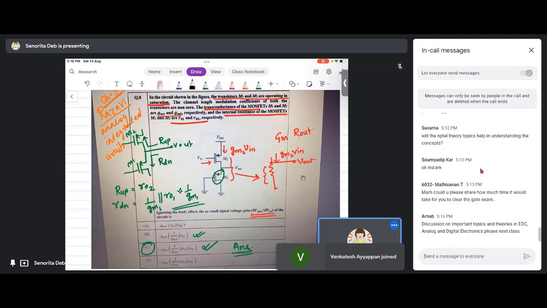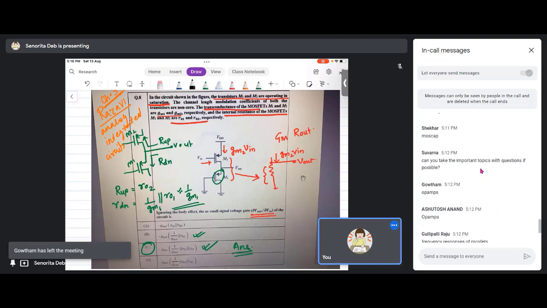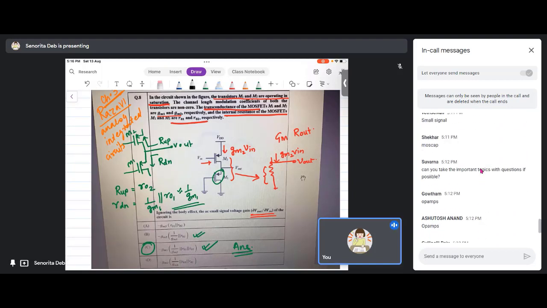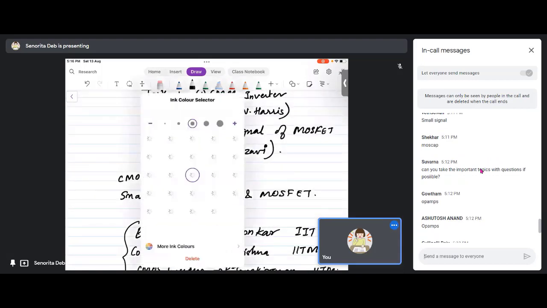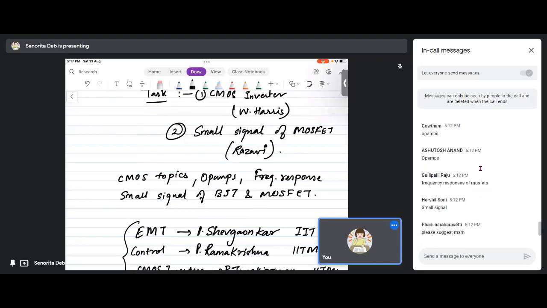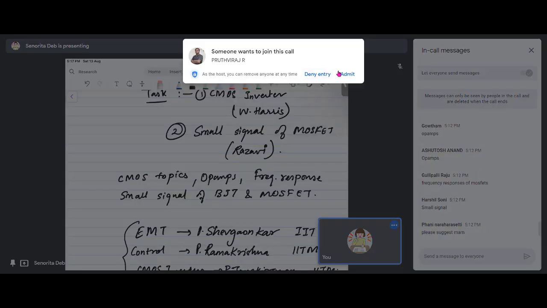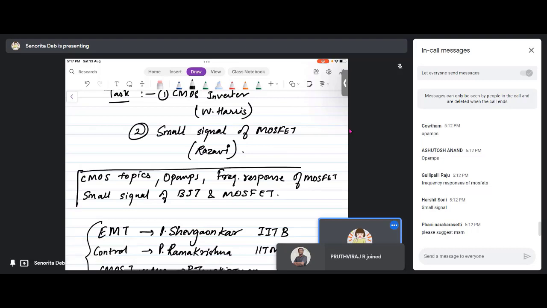Any response? Oh, some of you have suggested op-amps and frequency response as well. Sorry, I did not see. Of MOSFETs, yeah, small signal is basically, okay, frequency response of MOSFET. So, anything from your side?